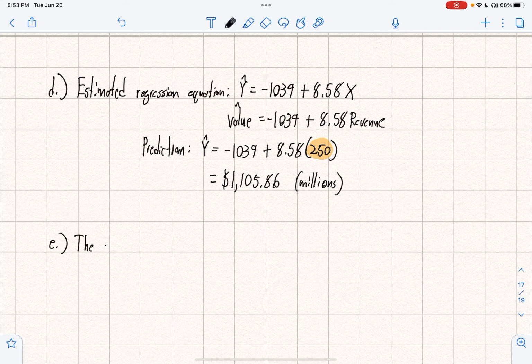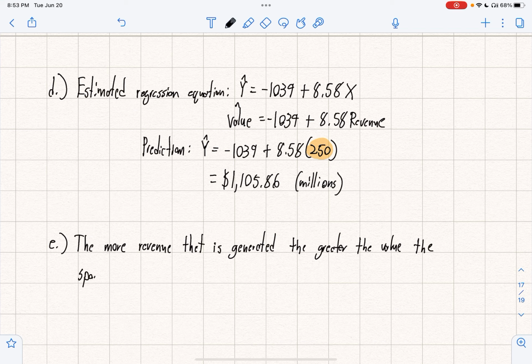So the more revenue that is generated, the greater the value the sports franchise is worth. And that's kind of a no-brainer, at least I think so. If you want to be a valuable franchise in anything, it's not unique to sports, you got to bring in money, you got to bring in revenue to have value.